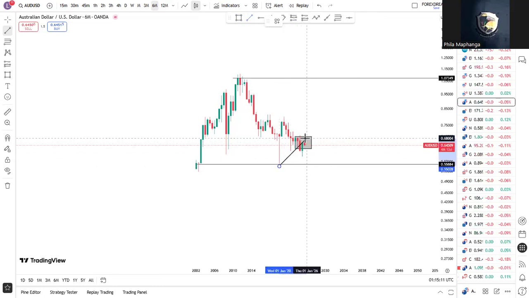It looks like this. It means the higher the chance that the market will continue to the downside on a higher time frame. You can go to smaller time frame, you'll find opportunities that are pushing the market up. But the overall trend is a downtrend.